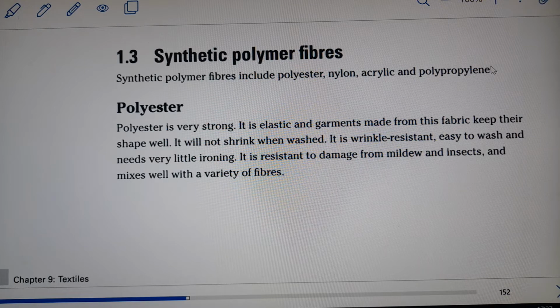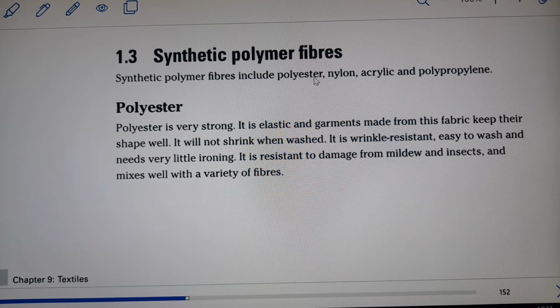So we said synthetic fibers are made from chemical processes. The examples of synthetic polymer fibers are the first one polyester, nylon, third one acrylic, and the fourth one polypropylene.